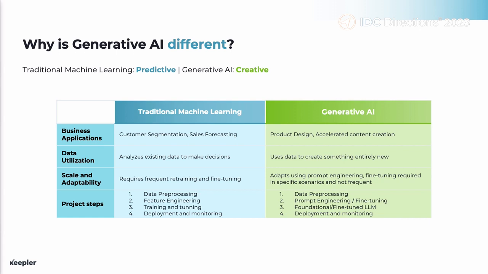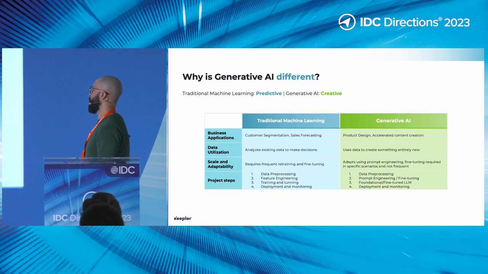In traditional machine learning, you could do cases of customer segmentation and sales forecasting, or classification, or identify elements in a video or image to do some automatically and intelligent inventory classification or calculation. In generative AI, what you could do is product design, or you can create or accelerate content creation.